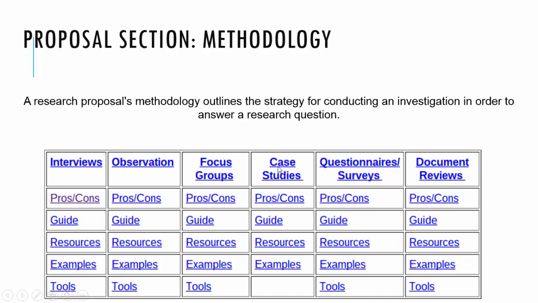Case studies are another way for a person to find out what's going on by looking at information that's been collected but not interpreted. So, for instance, in Ferguson, we know that recently there was a Department of Justice report released.